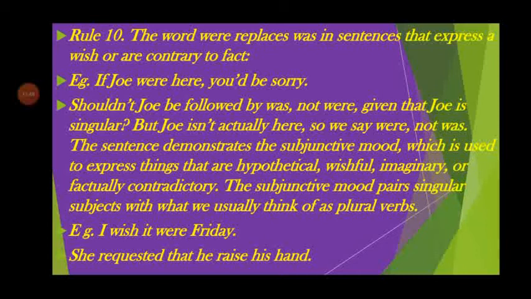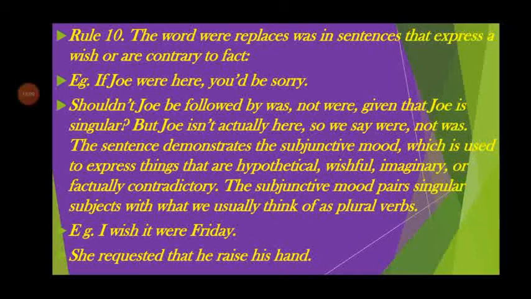In this case, we use were if it is an impossible condition. Then shouldn't Joy be followed by was, not were, given that Joy is singular? But Joy isn't actually here. So we say were, not was.